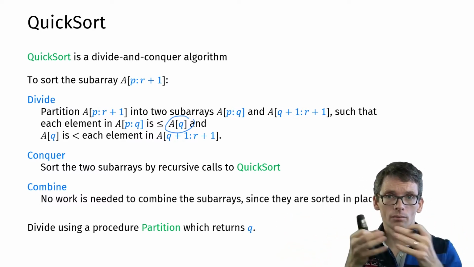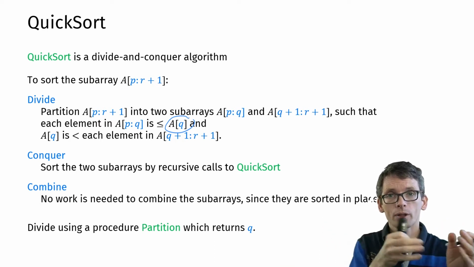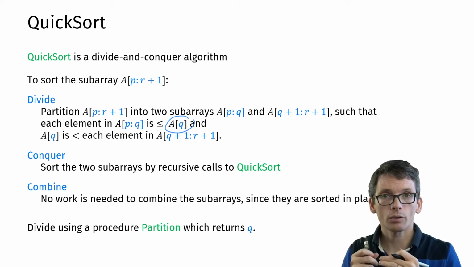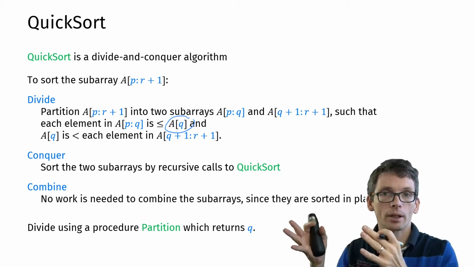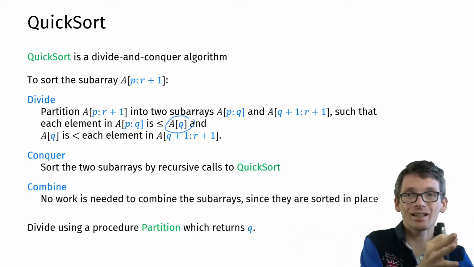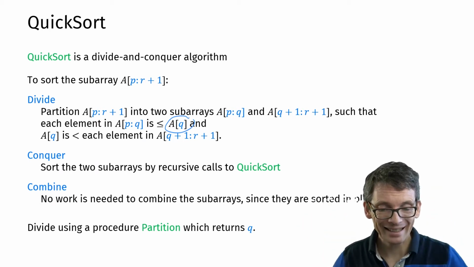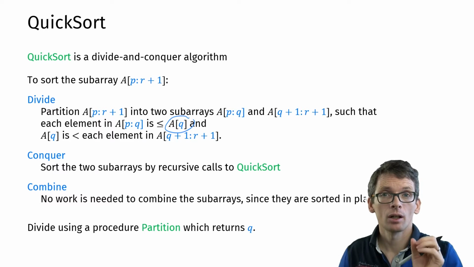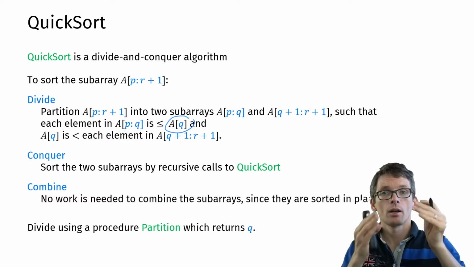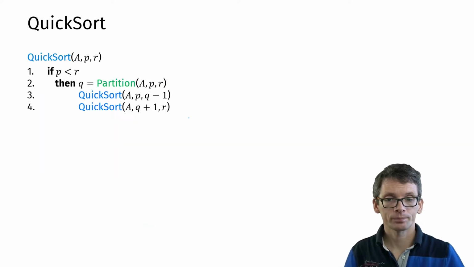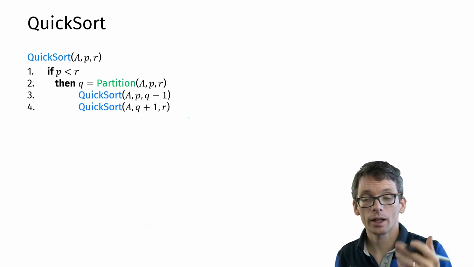Of course, since they're not sorted, we will first have to rearrange numbers such that everything smaller than A of q is at the beginning of the array and everything larger at the end, and then we can split. So that's the idea of partition. Quicksort essentially partitions the array and then recurses. That's how it looks in short.